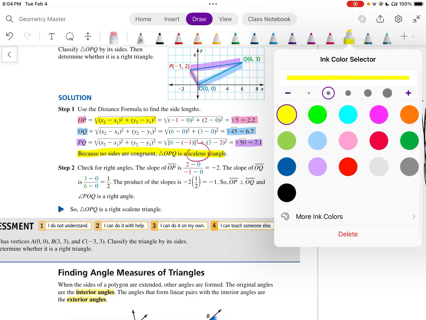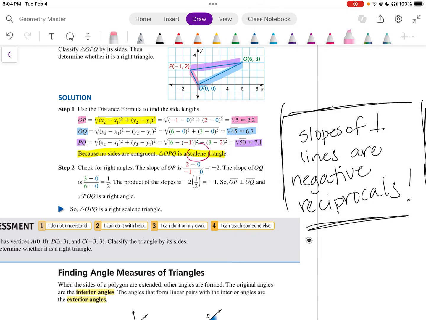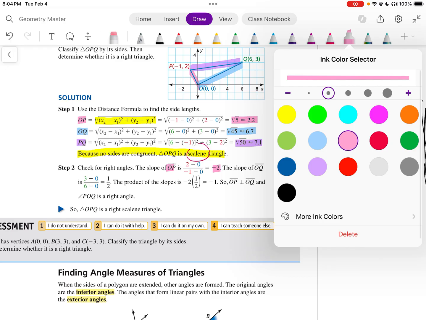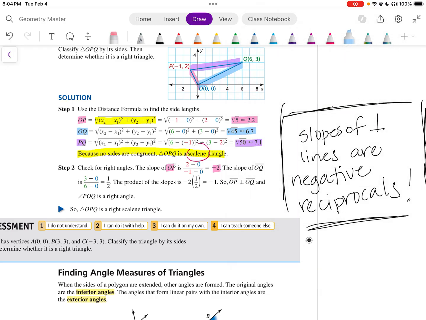So the slope of OP, we use those 2 points again, (-1, 2) and (0, 0). It's the difference in the y's over the difference in the x's. 2 minus 0 over -1 minus 0 is -2. And the slope of OQ, we're using (0, 0) and (6, 3).